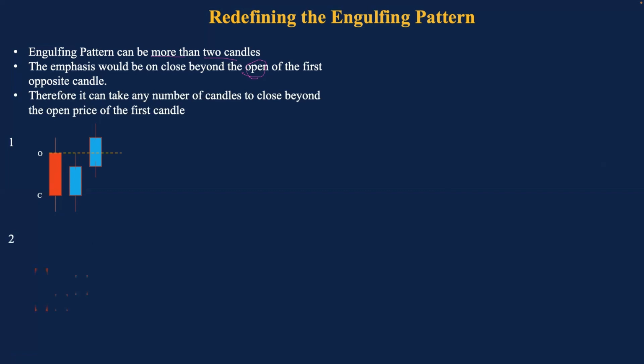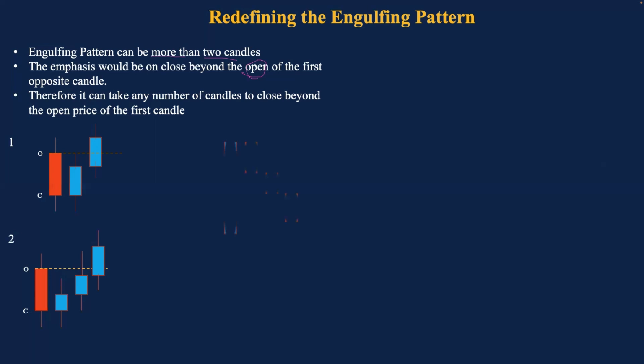It can be 100, so far as we are closing beyond the open. So here you have two candlesticks, three candlesticks. This is the open. This candle could not close beyond the open, so it's still not an engulfing until the third candle closed beyond the open. So now we have an engulfing. Do you understand?